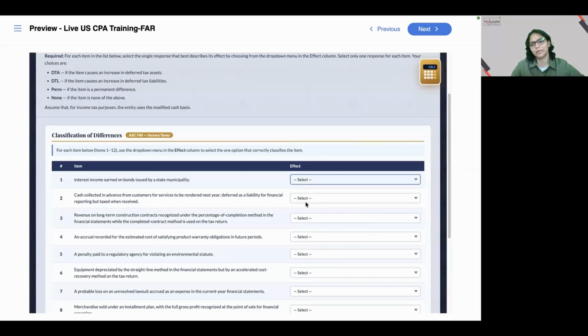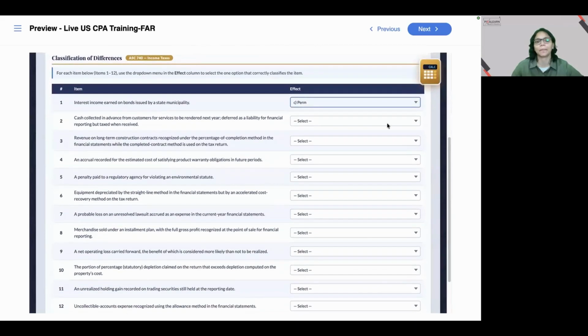Is that clear? The rate will also come down actually, guys. Is this clear? It is decrease, okay? So it's a permanent difference which reduces your current tax liability because the tax authority will never be asking you to pay tax on it.